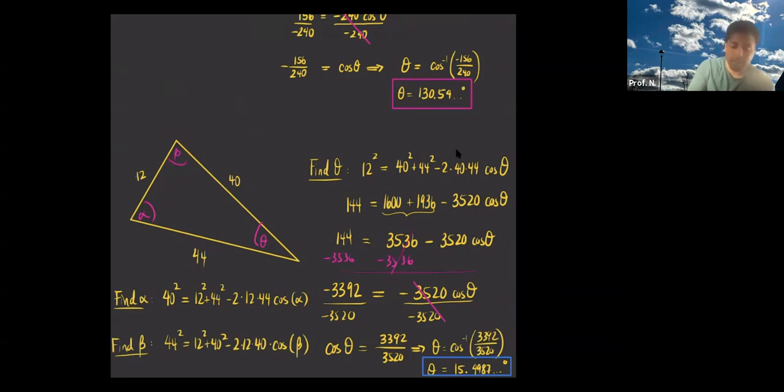And like I said, these are all formulations of law of cosines. It's the same version. It's just that I'm applying it to different angles. So based upon what angle I'm applying it to and what's the opposite side, I'm going to have a different version of the same law of cosines. So you can do that on your own time. Figure out what alpha and beta are using this format.